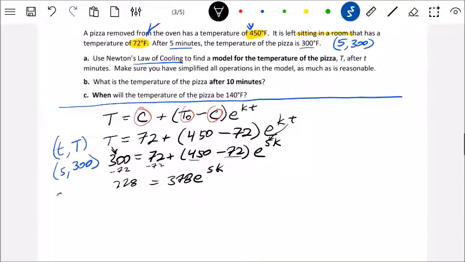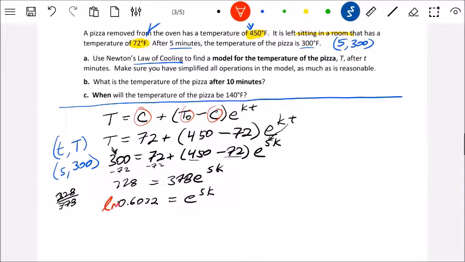And then we're going to divide 228 by the 378, and we keep working to isolate the k. And that's the number 0.6032, equals e to the 5k.